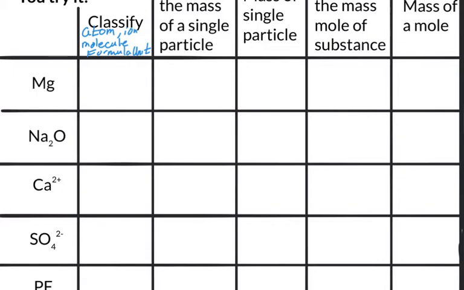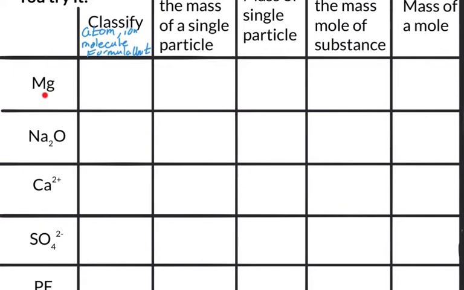And then you're going to find the mass of the single particle measured in AMU. And next you're going to give me the name of the mass of 1 mole of the substance. And finally, you'll calculate the mass of a mole of that substance in grams. Please make sure to write the correct units where necessary. So it's time to pause your video, and when you're done, turn it back on, and I'll give you the answers.